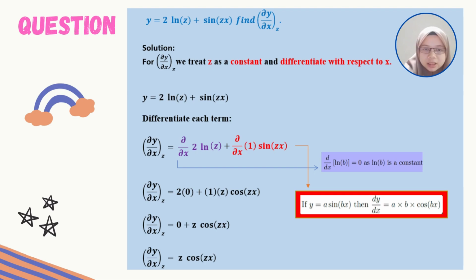And for the second term, we must use the formula: if y equal to a sin bx, then dy over dx equal to a times b times cos bx. So we will get 2 times 0 plus 1 times z times cos zx, then 0 plus z cos zx, and lastly the final answer for this question is z cos zx.